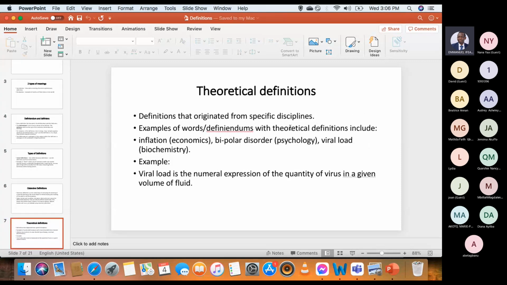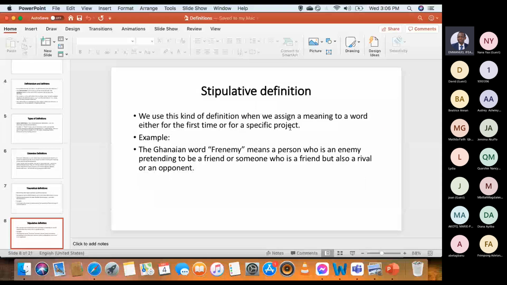Then you have the theoretical definitions that originated from specific disciplines. You have something like inflation, which came from economics, bipolar disorder, whose definition came from psychology, and viral load, which we got from biochemistry, and so on. Then we have the stipulative, a definition we create ourselves.